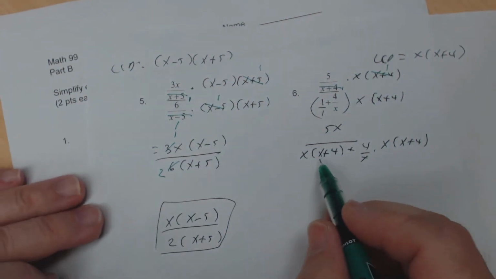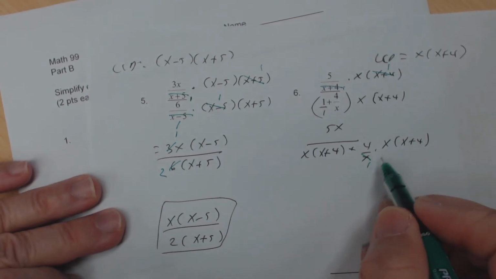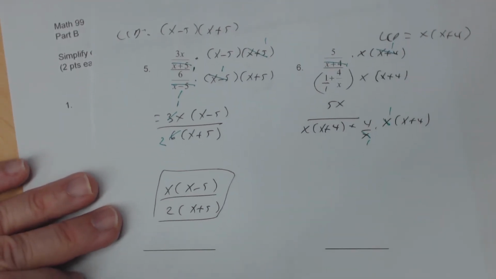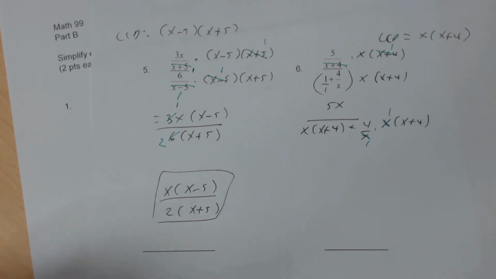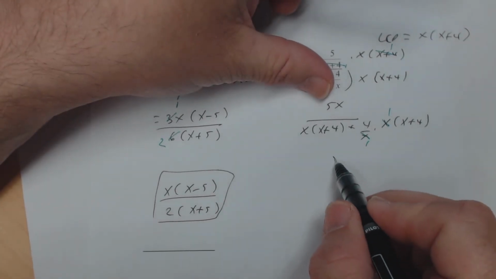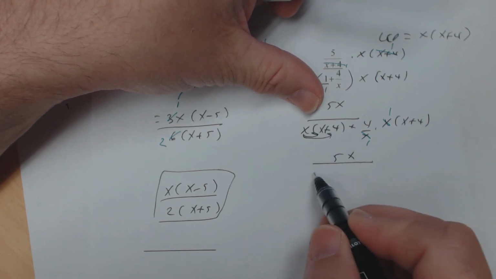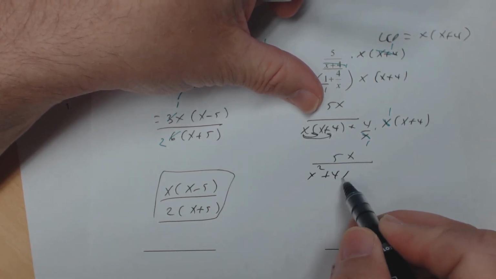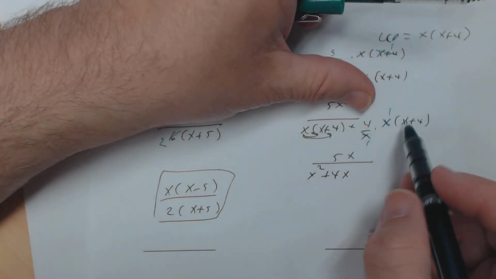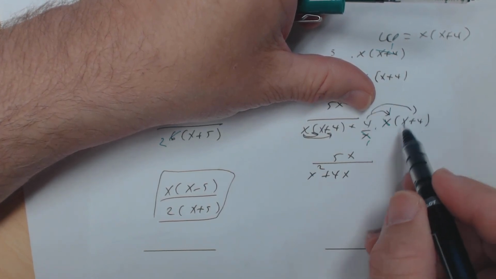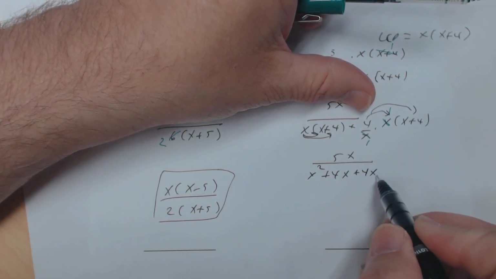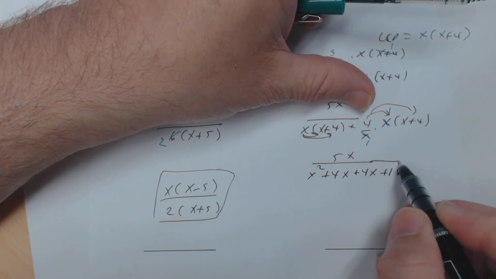And so the only thing that can reduce here are these factors of x. And so you get 5x divided by, now you have to distribute this, so that's x squared plus 4x, and then over here distribute the 4, so that's going to be plus 4x plus 16.